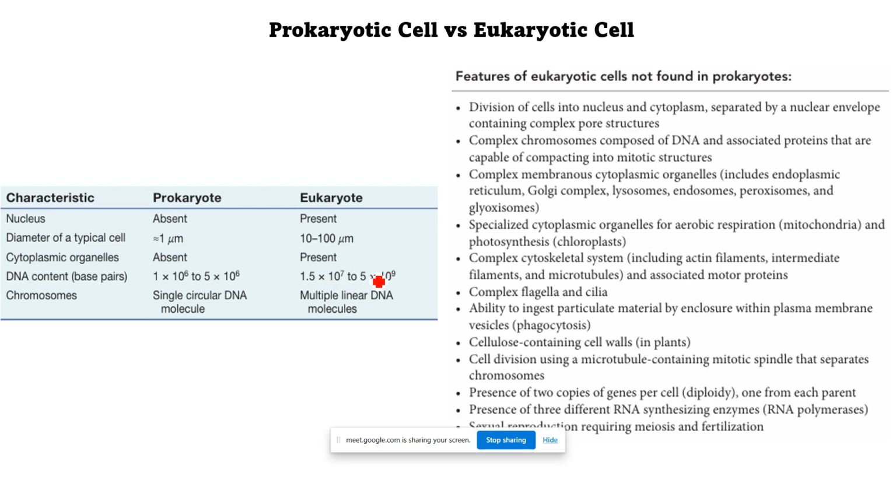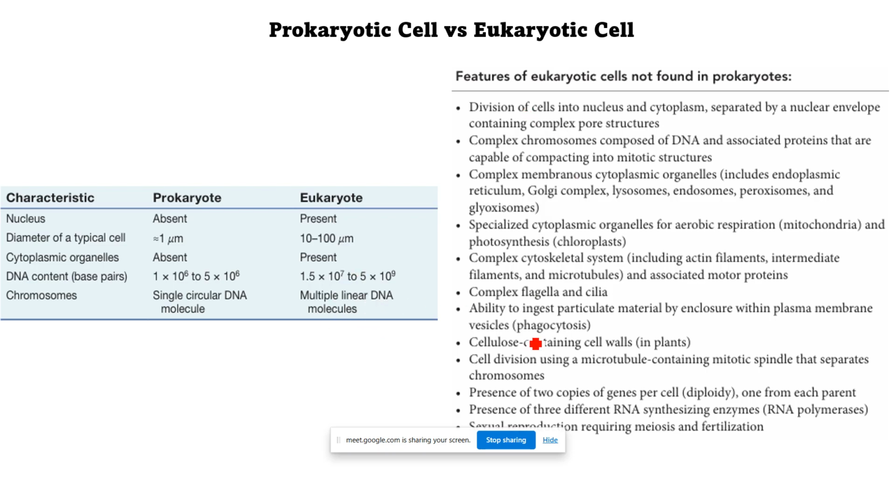That is the size of a human genome, 3.3 billion base pairs. And for chromosomes, prokaryotes have a single circular DNA molecule, while eukaryotes have multiple linear DNA molecules.